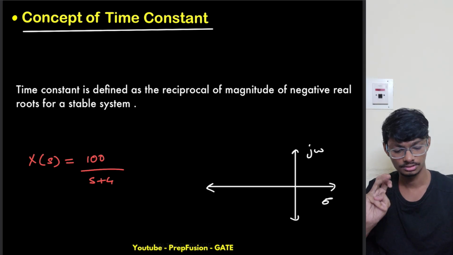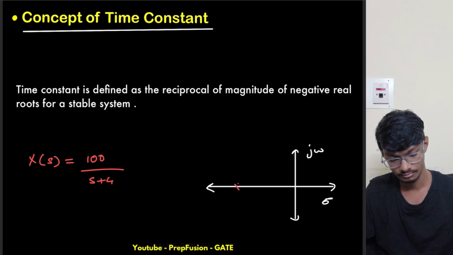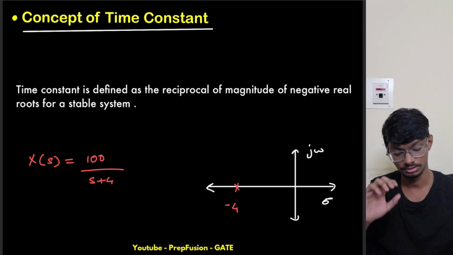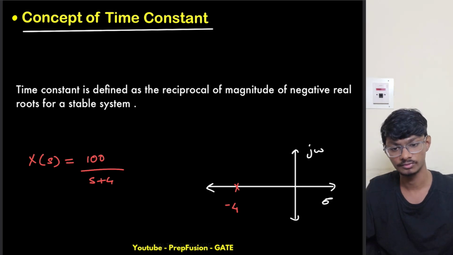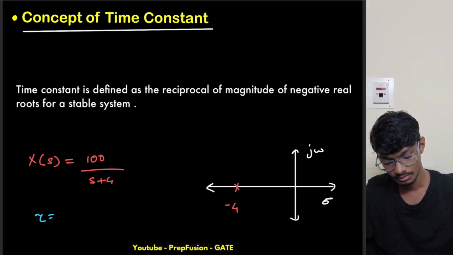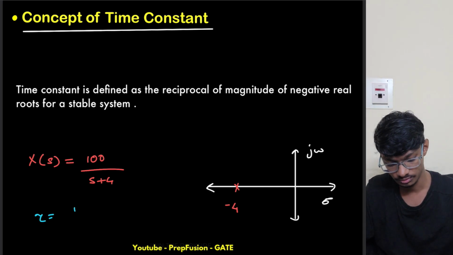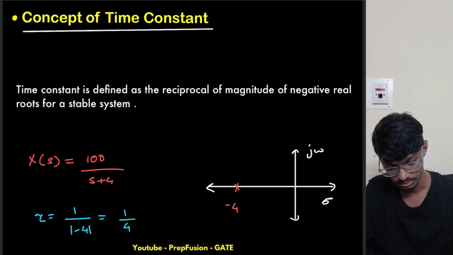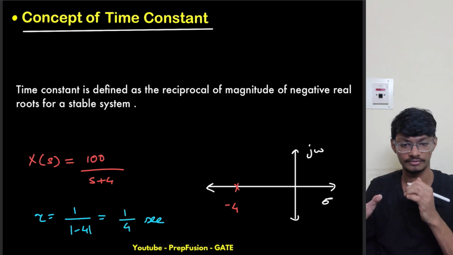This is minus 4, right? So the time constant will be the negative inverse of this. The magnitude of the negative inverse is 1 by 4 seconds. Time constant is 1 by 4 seconds.